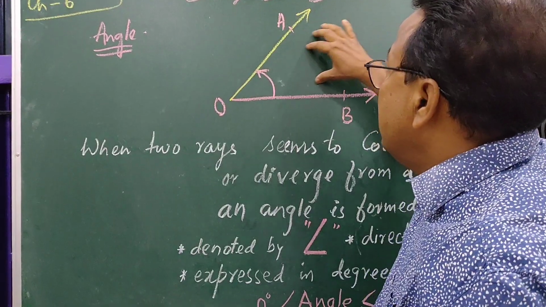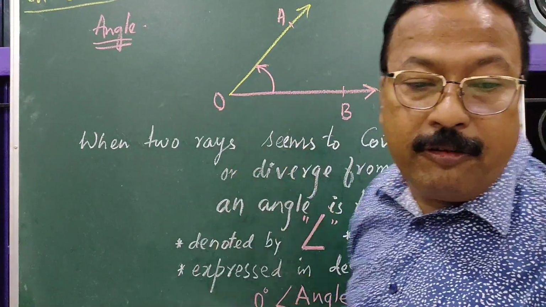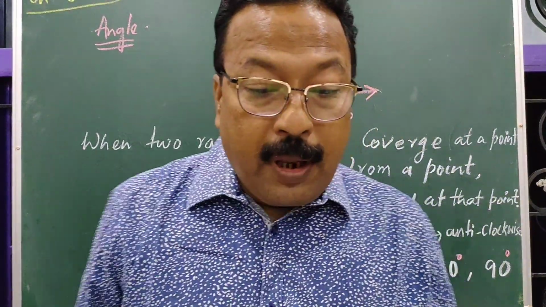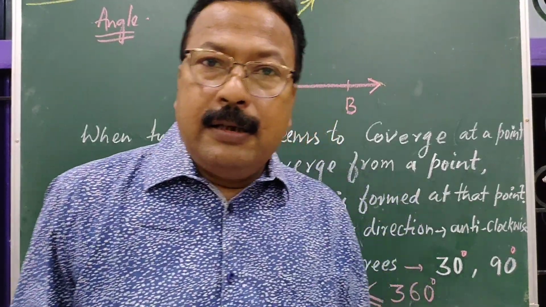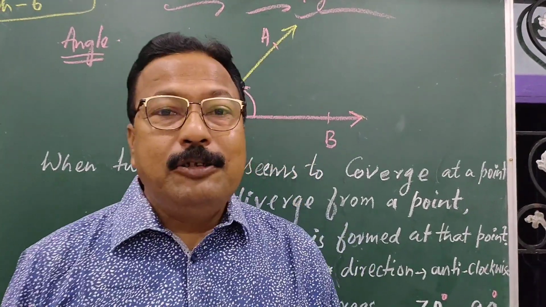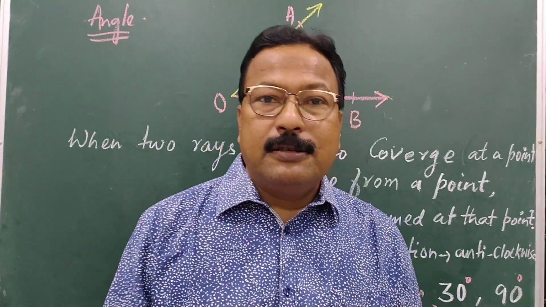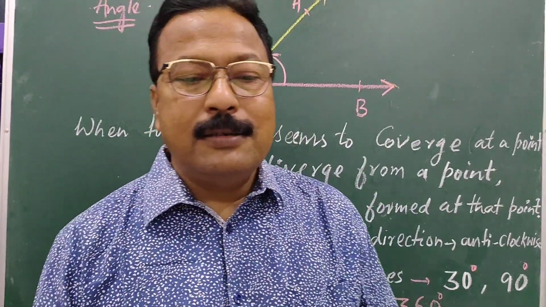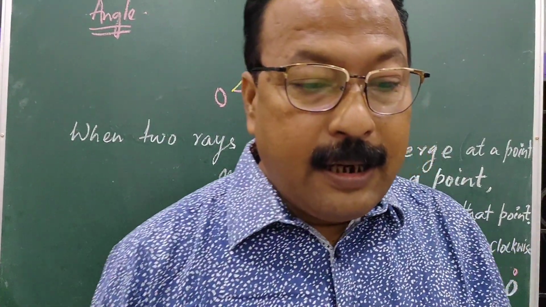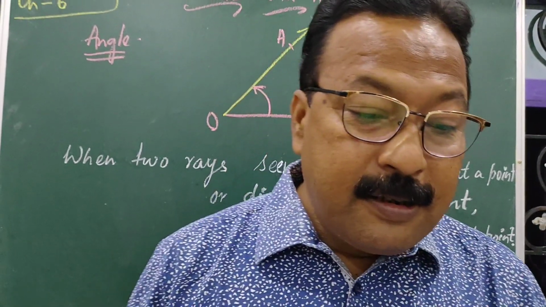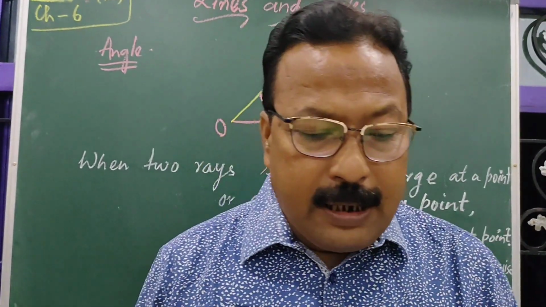This portion is known as the interior of the angle, whereas this is the exterior. We have many types of angles: acute angles, right angles, obtuse angles, reflex angles, and complete angles.